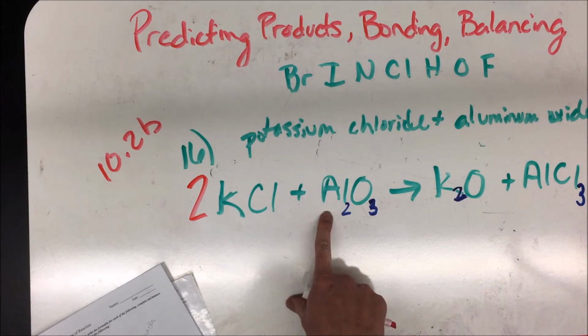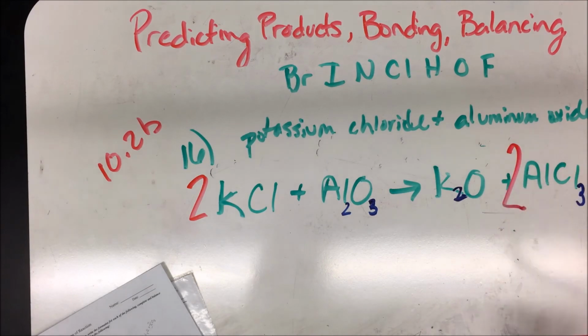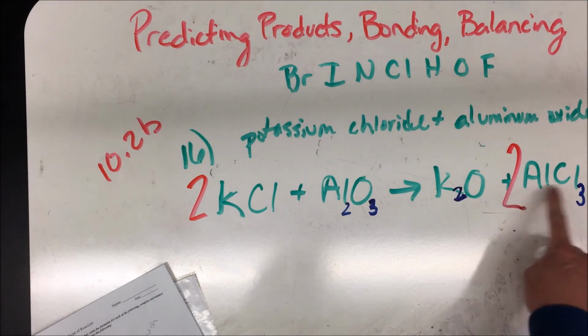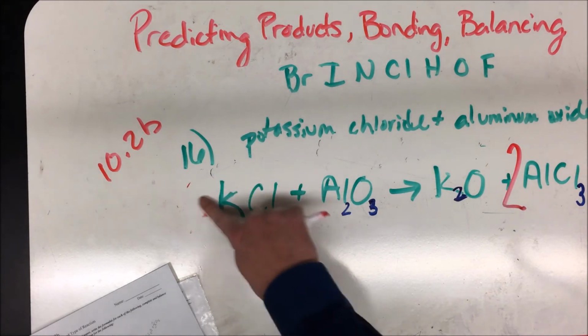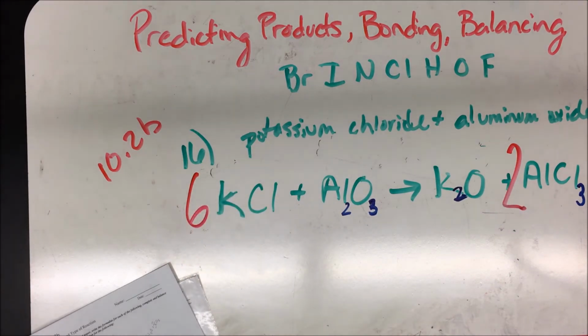I got 2 aluminums on my reactant side, 1 aluminum on my product side. So I'm going to put a 2 in front of that. That balances my aluminum, and that just opened up my chlorine technically. On this side, I now have 6 chlorines, which I would have to change this to, hence why we use pencil in chemistry, into a 6.